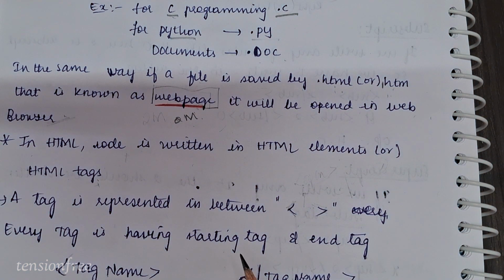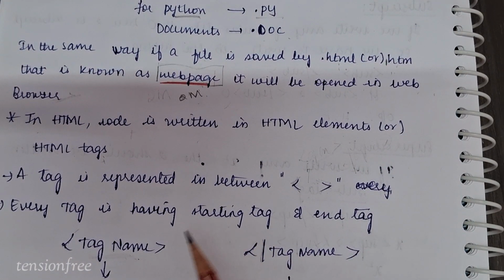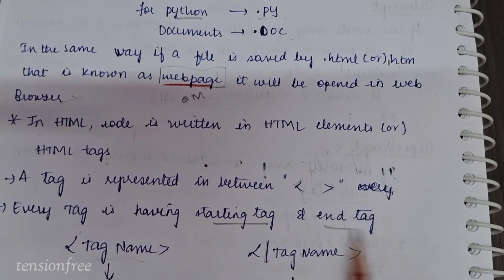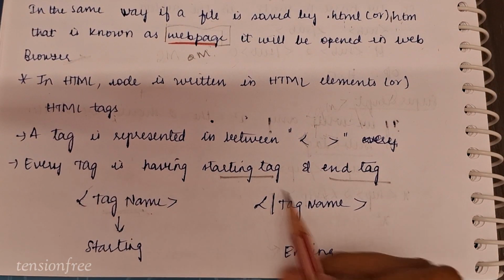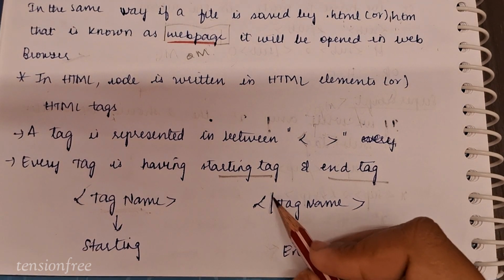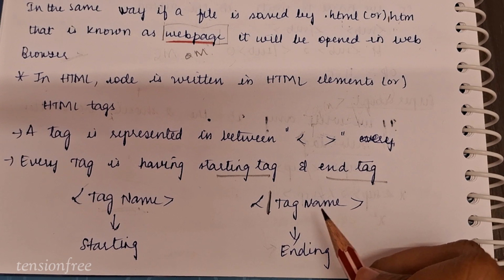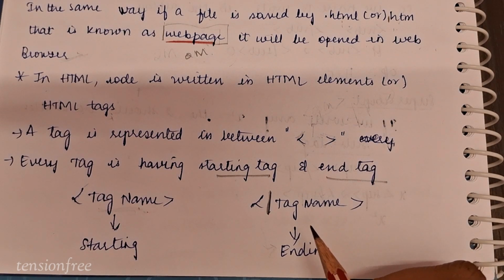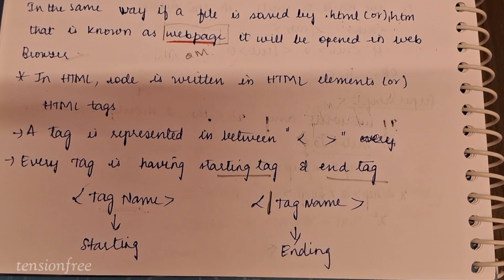Every tag has a starting and an ending tag. The starting tag has the tag name. In the ending tag, we will use the slash so that we can say the tag name ends there. This is how we do the process to execute an HTML.